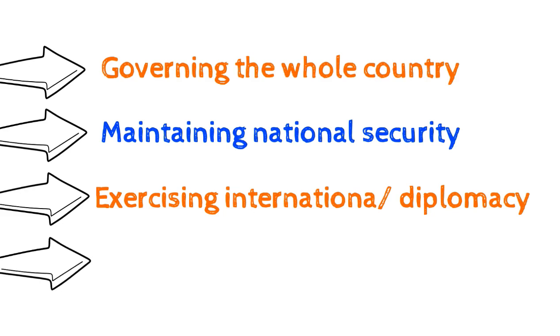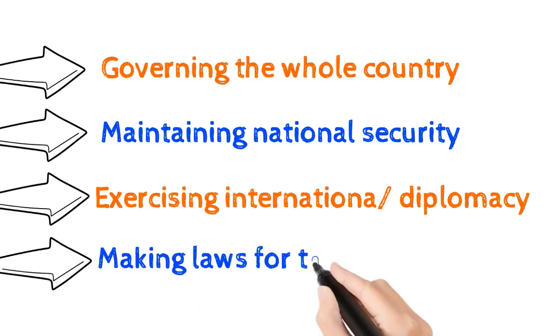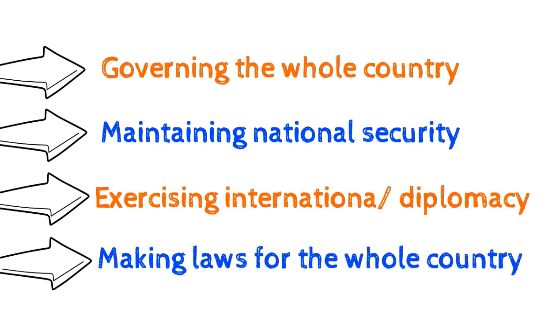Number 4, making laws for the whole country. Through Parliament, the central government formulates laws that apply to the whole country. Lawmaking is a complex process which involves a number of stages, the last of which is the signing by the president.